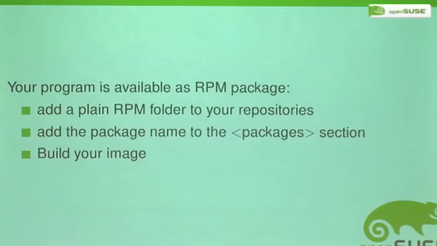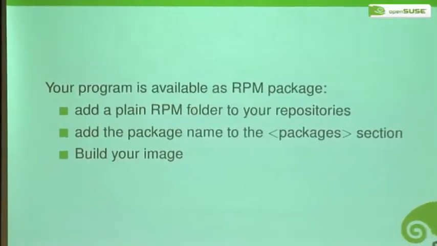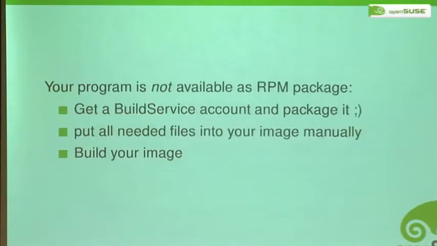I have to say that because I'm on the build service team. Then you just register this particular build service repository as an additional installation source, require your package and build your image. Everything's fine. If you have no RPM, get a build service account and make one.